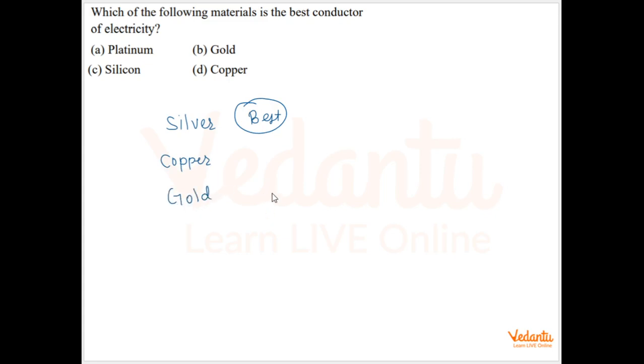So out of all the options given to us, platinum by the way comes way below. Platinum is actually even after steel, and silicon is a semiconductor, so definitely not a very good conductor. So the best conductor out of all the four options given to us will be copper.